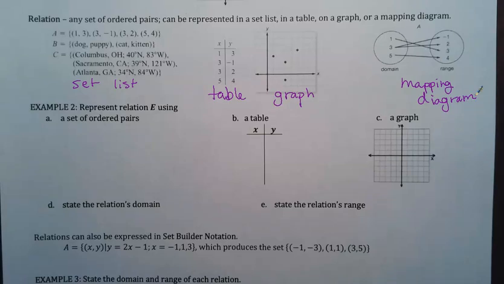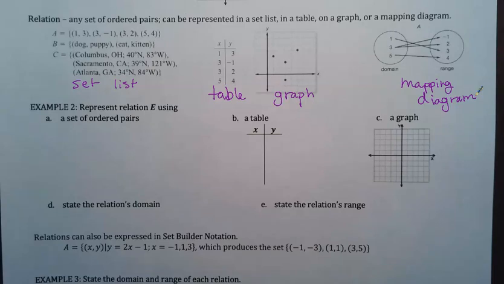It says represent relation E using a set of ordered pairs and a table. My set E, I don't see it. Go figure. I don't have it on there.